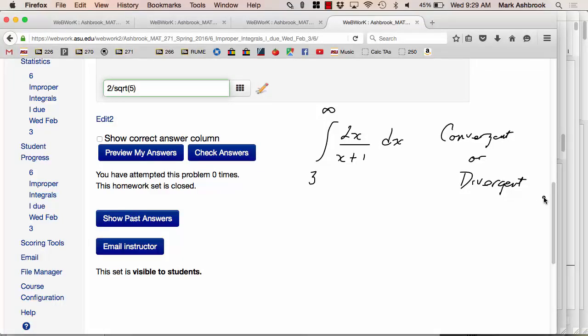From 3 to infinity, 2x over x plus 1. Convergent or divergent? This is a self-assessment quiz. Self-assessment.